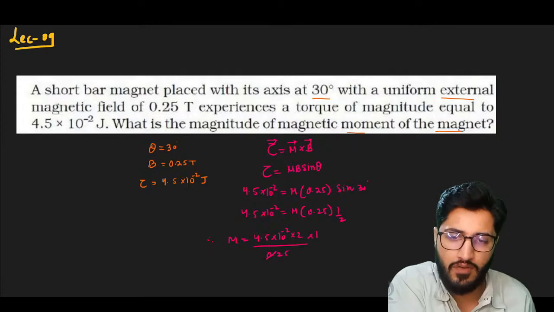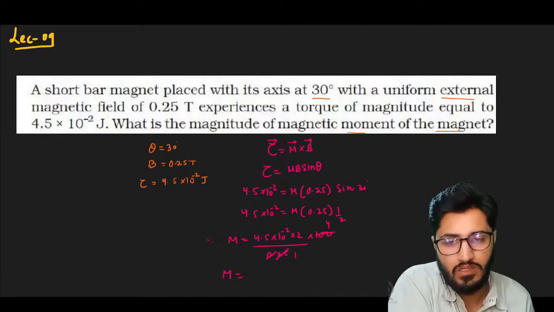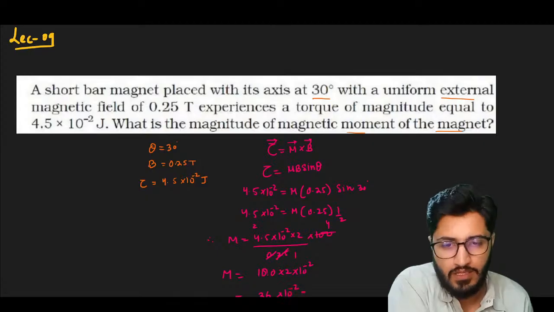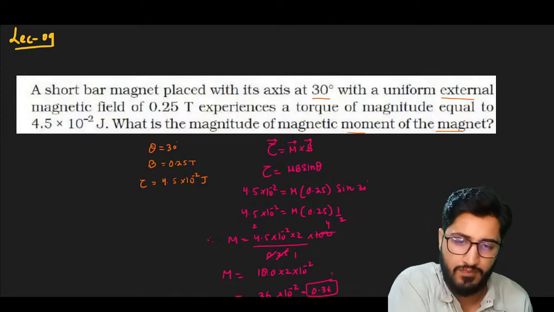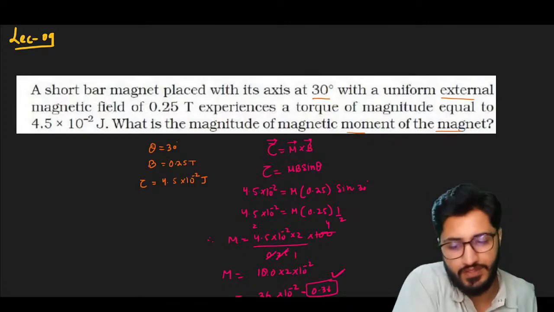Cancelling out, 100 by 25 is 4, so 18.0 multiplied by 2, 10 to the power minus 2, is 36 times 10 to the power minus 2, that is 0.36. So my answer came out to be 0.36.